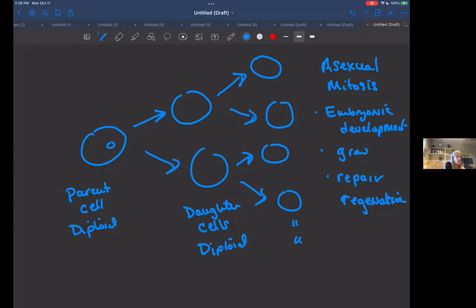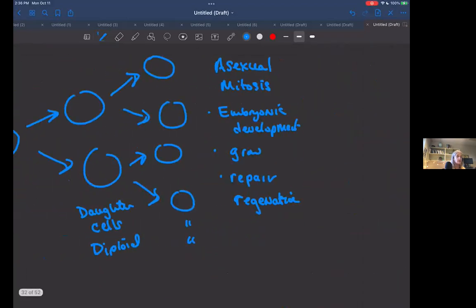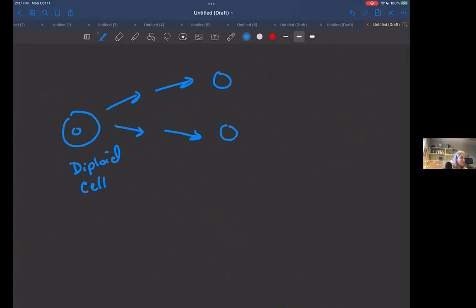Okay. So when we go back to that process of producing the egg and the sperm, we start out with a diploid cell, and through 2 cell divisions, it is going to produce, for example, haploid cells.